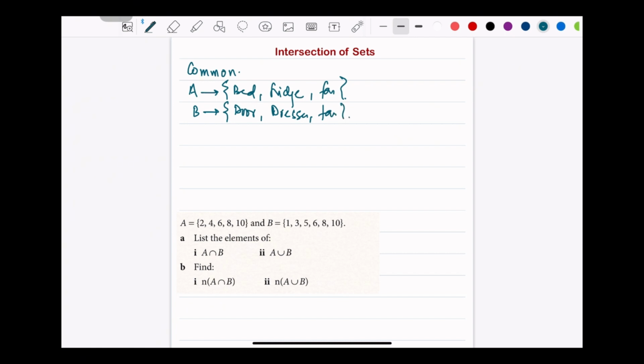If I say what is A intersection B, this symbol represents the intersection. It looks like a small n, but it is not. And what is common? We see that fan is common, so we just write fan as the intersection.